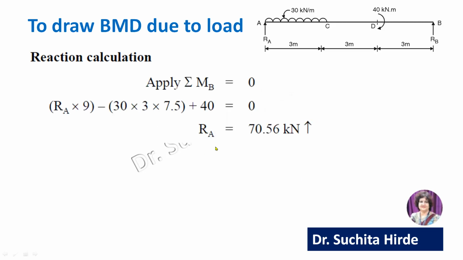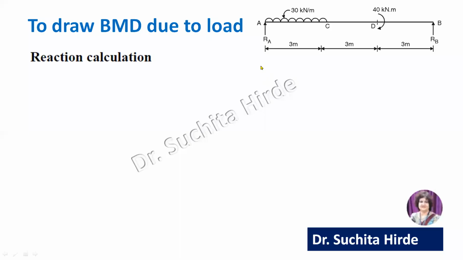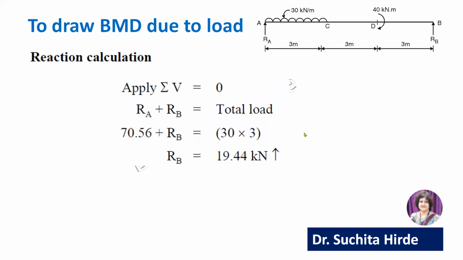To calculate RA, we will take summation of moment at B equal to 0, taking clockwise as positive, you will get reaction at A is equal to 70.56 kilonewton. Once you calculate RA, then to calculate RB, we have to apply summation of vertical forces equal to 0.